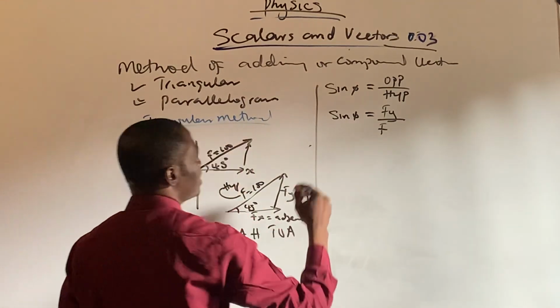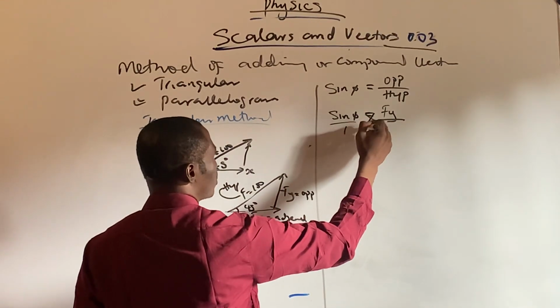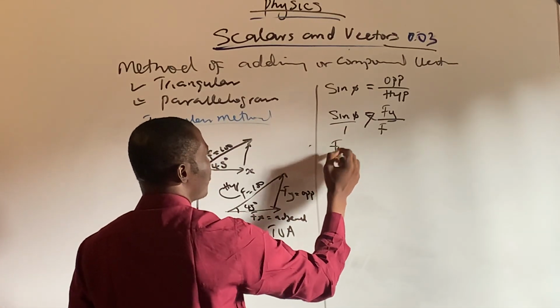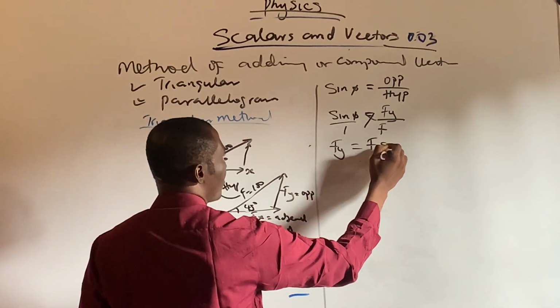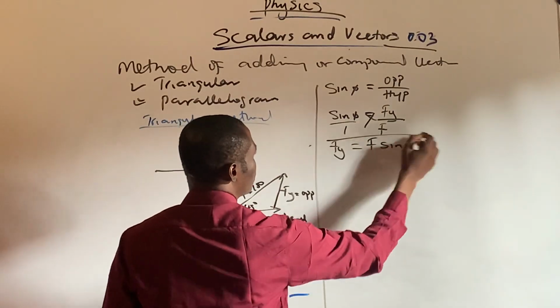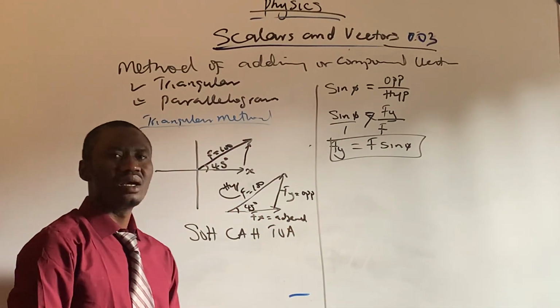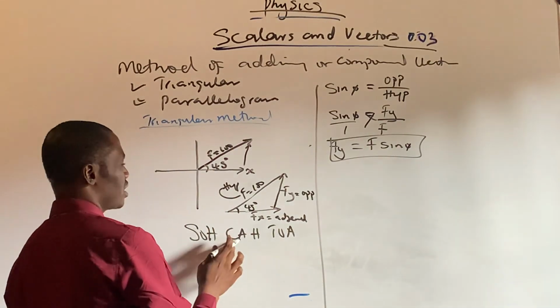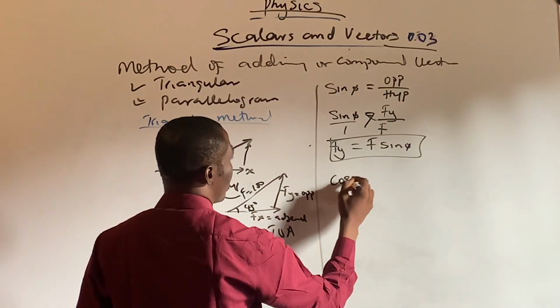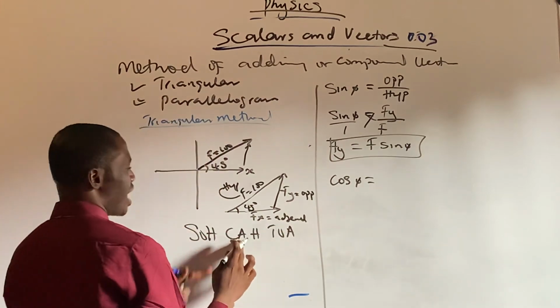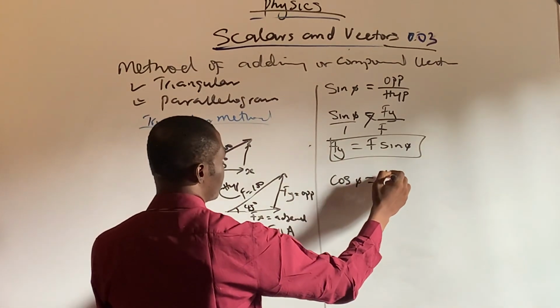You can decide to put a 1 here and cross multiply. What you have is that Fy is equal to F sine theta. So with this formula, we can solve for the y component. So let's look for the cosine. We have cos theta is equal to adjacent over hypotenuse.